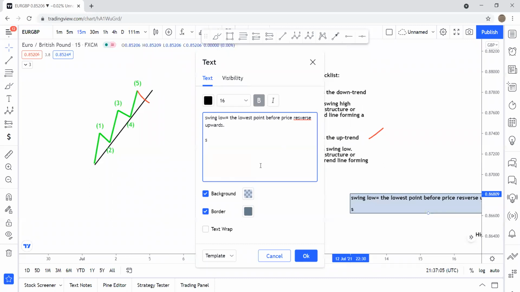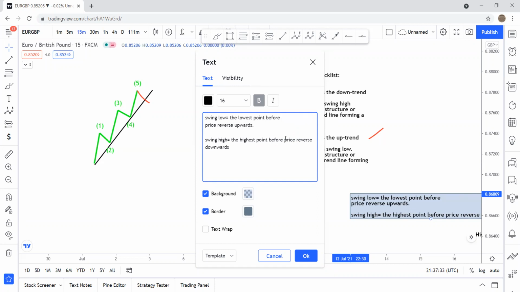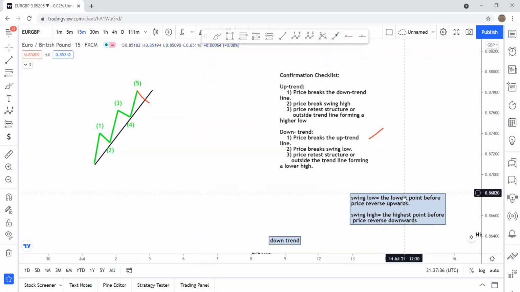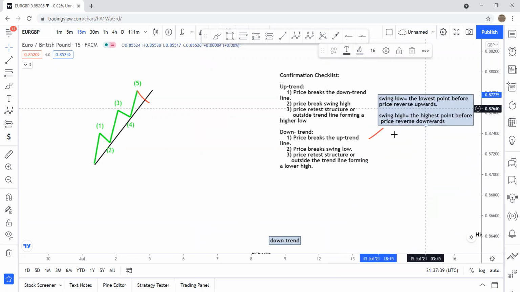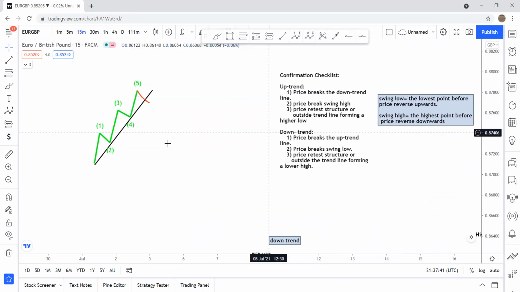Swing high means the highest point before price reverses downwards. Understand that when I say swing low and swing high, this is what I mean. Okay, guys, take a picture of that as well.